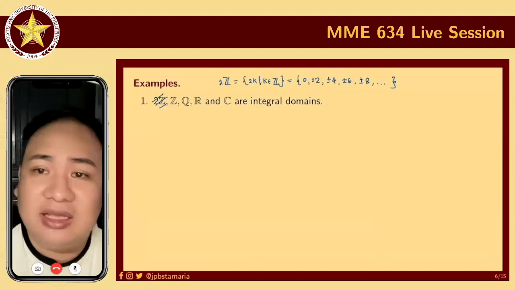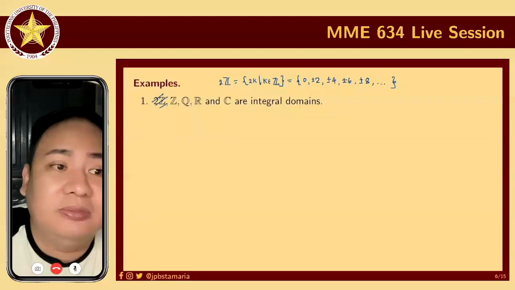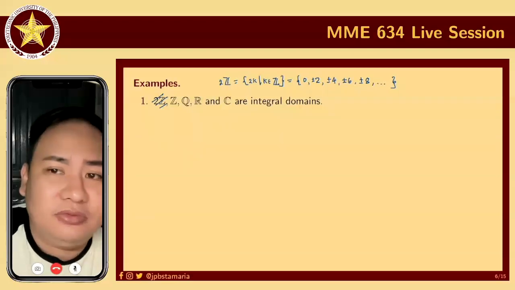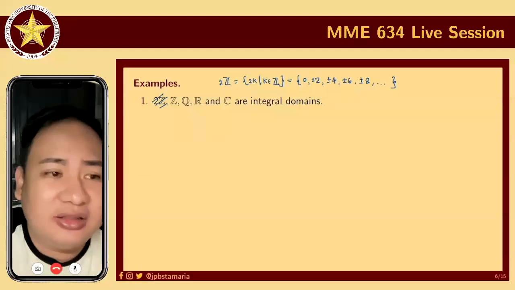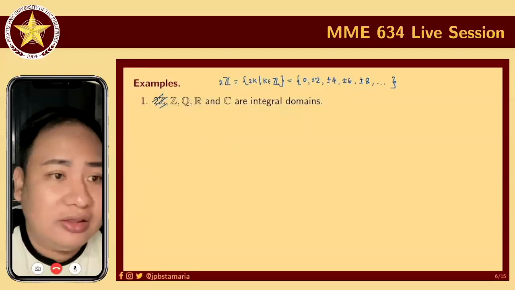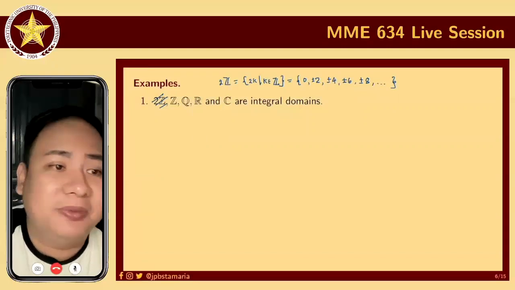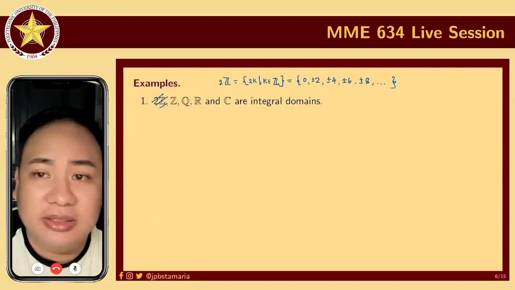But basically, ang main ingredient ng integral domain ay yung zero product property. Kung may unity man or wala, kung commutative man or hindi, it depends from one book to another. Babasahin nyo palagi yung definition. Okay? But for our purpose, i-require ko na commutative ring with unity lahat ng integral domains.